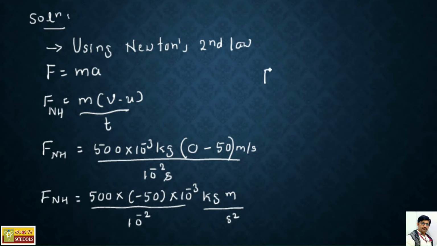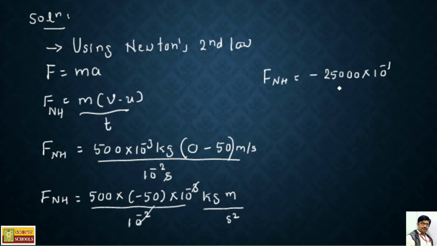Therefore I can write F, the force of the nail on the hammer, which is equal to 500 into minus 50 into 10 to the power minus 3, that can be written as minus 25,000 into 10 to the power minus 1, because if you solve it out, 10 to the power this much and 1 left out here.